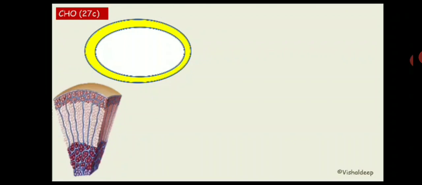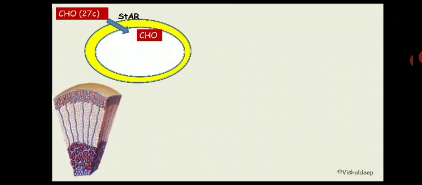Now this cholesterol right now is in the cytoplasm. It is 27 carbon, and now this cholesterol will eventually enter inside the mitochondria by this StAR protein. What is the full form of StAR?